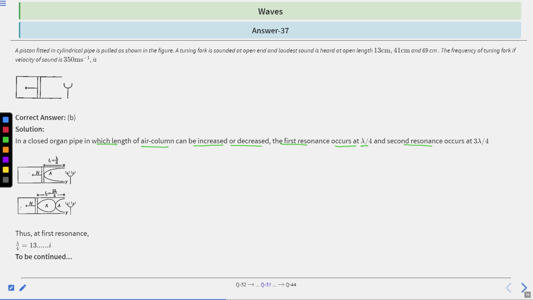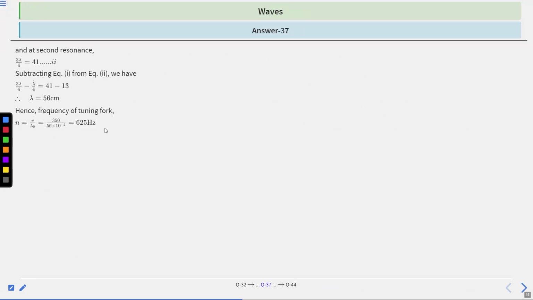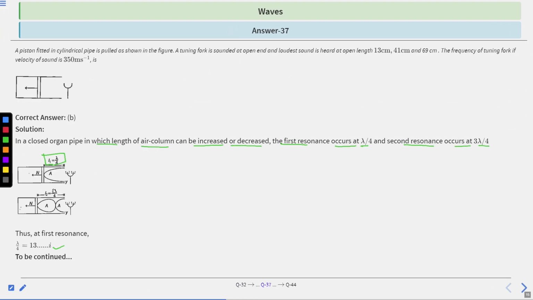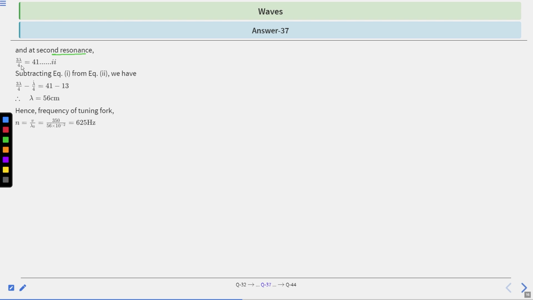The second resonance occurs at 3 lambda by 4. Thus at first resonance, lambda by 4 is equal to 13; let this be equation first. And at second resonance, 3 lambda by 4 is equal to 41; let this be equation second.